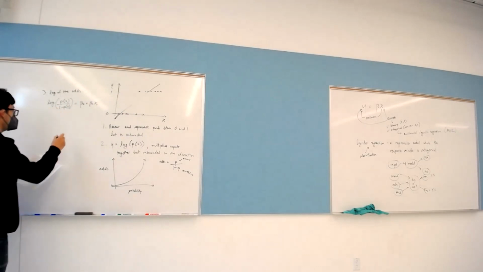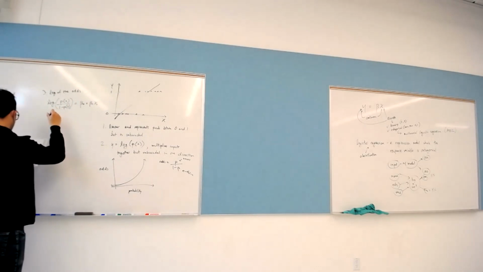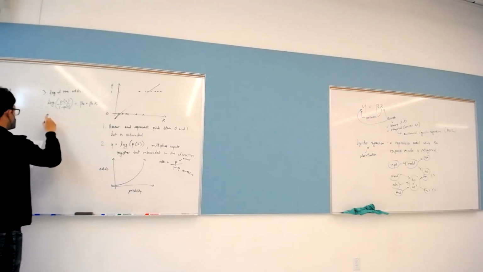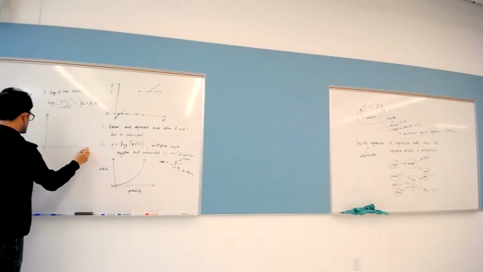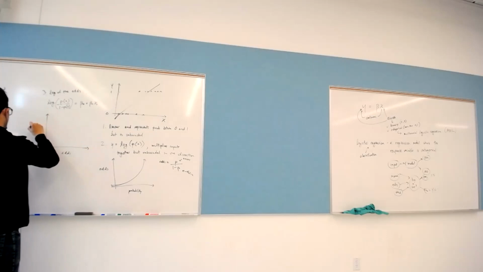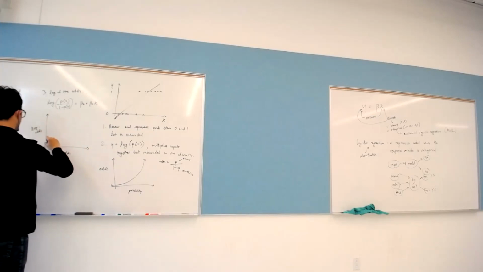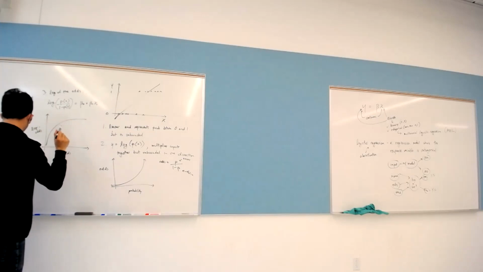And this will actually constrain, because if you have something like odds versus log odds, your graph will look something like this.